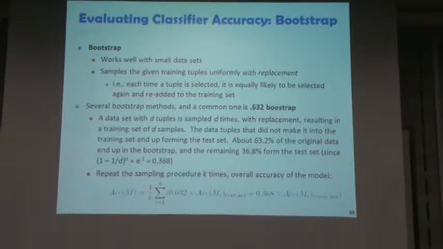The probability that a tuple is never picked is 0.368. So 36% of the data is never picked, and 63% of the data will be picked at least one time for the data set. That is the reason it's called the 0.632 bootstrap. This is the bootstrap approach. Usually it's used in case you have a very small data set.